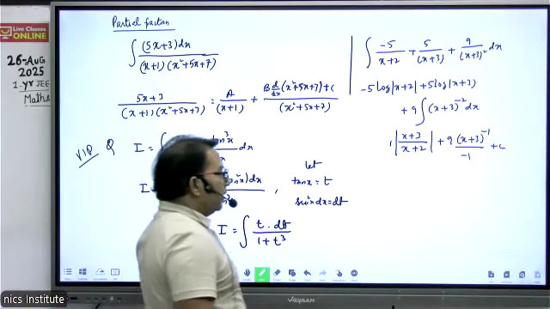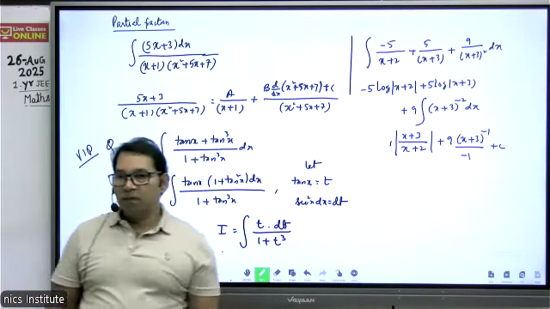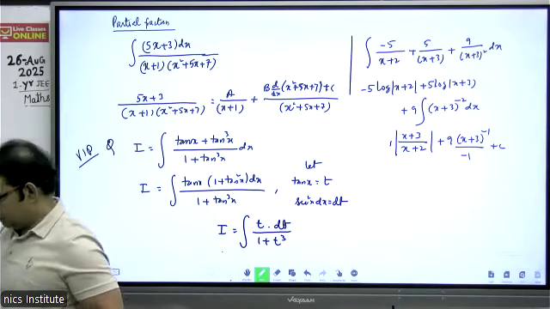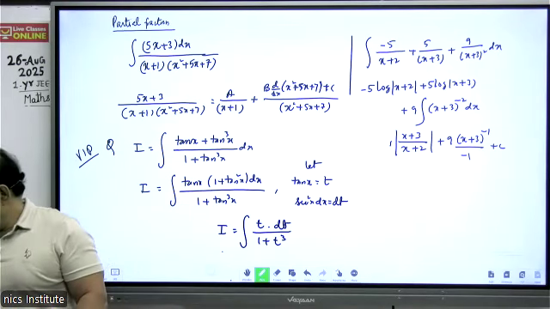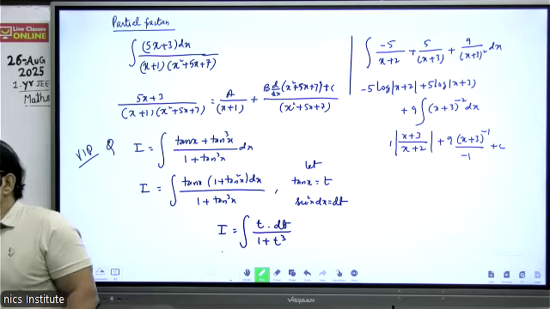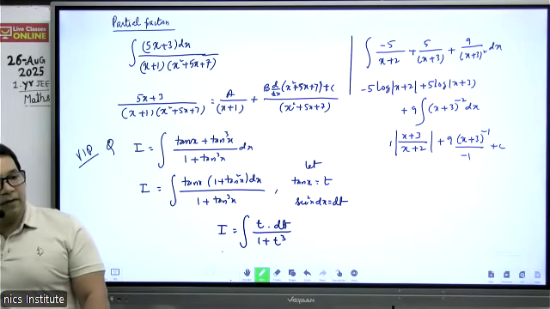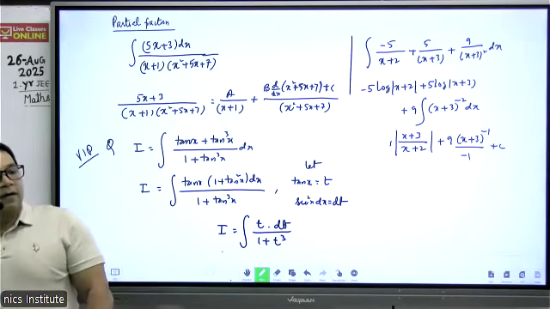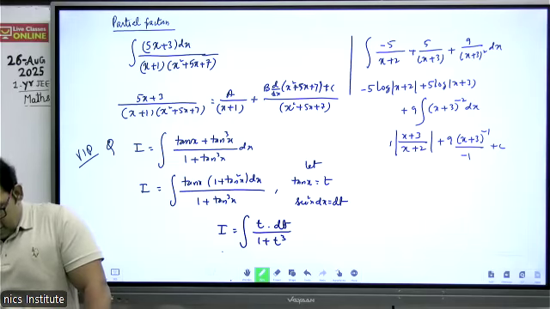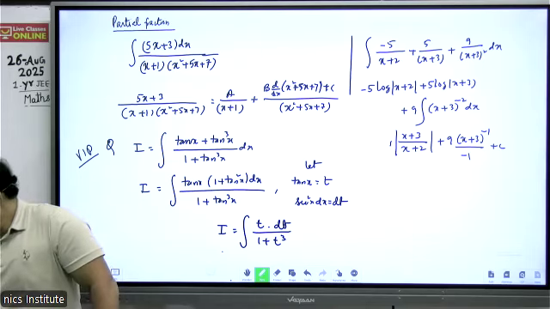A cube plus b cube is a plus b, a square plus b square minus ab. Sir, I know a plus b whole cube, not this. A plus b whole cube is a cube plus b cube plus 3ab bracket a plus b. Yes, sir.